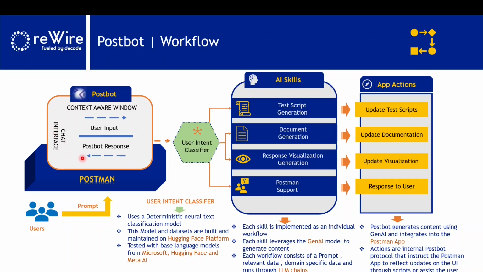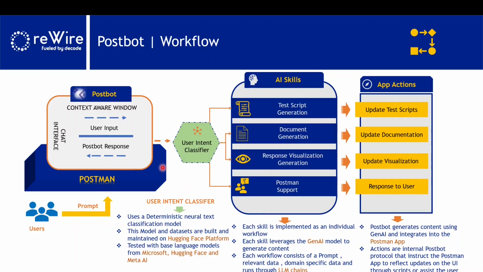This is the typical workflow that Postbot implements with the designed skills it offers: script generation, document generation, visualization, and Postman support. But what tools implemented this platform in the workflow, I'm going to cover in the next session.